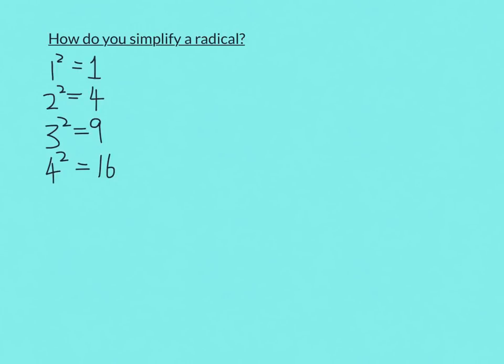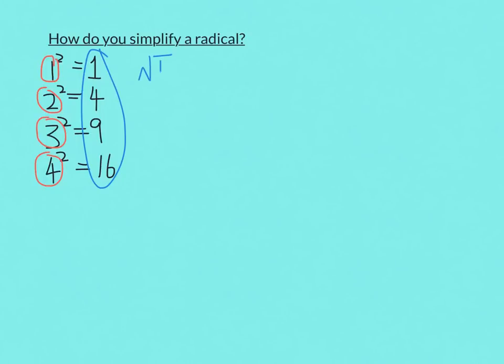If you have learned a lesson about exponents, you will know that the numbers 1, 2, 3, and 4 are what we call the base numbers. And in order for us to get from the square numbers, the numbers on the right here, to the base number, you will have to perform the square root. So this is what you're going to do.